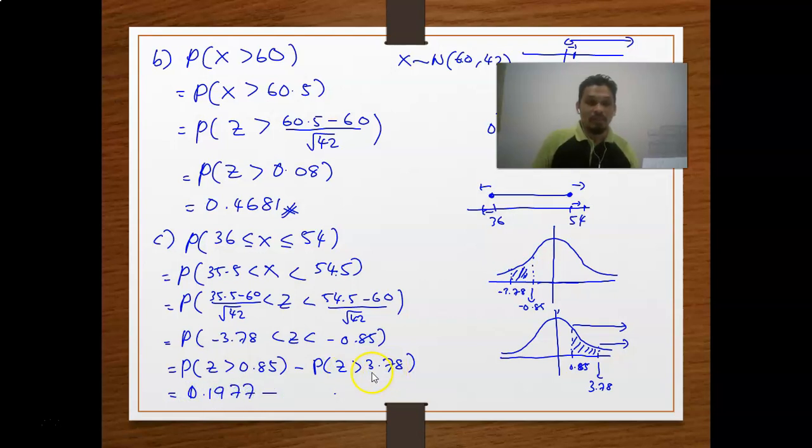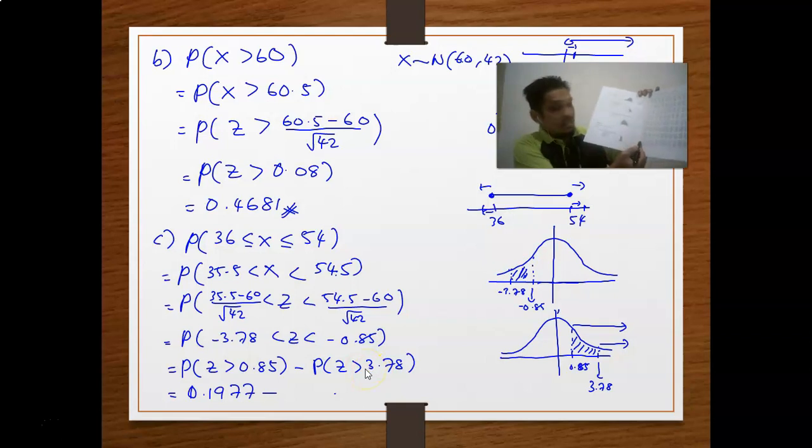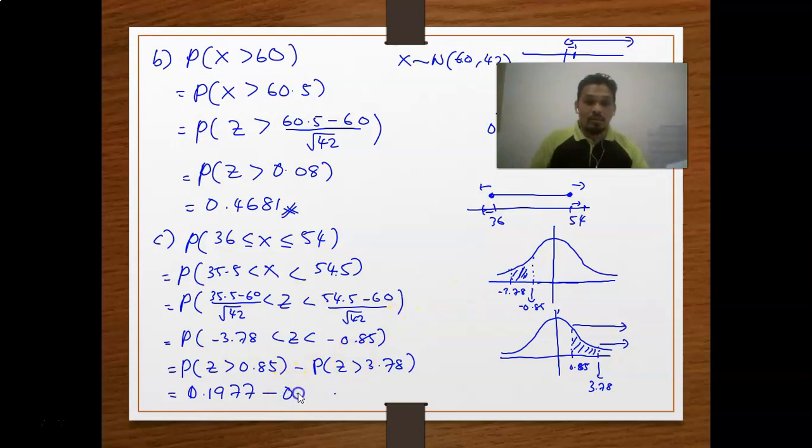Minus 3.78: find 3.78 down here and match with 0.08, which is 0.00008. These two minus up and you get 0.1969.